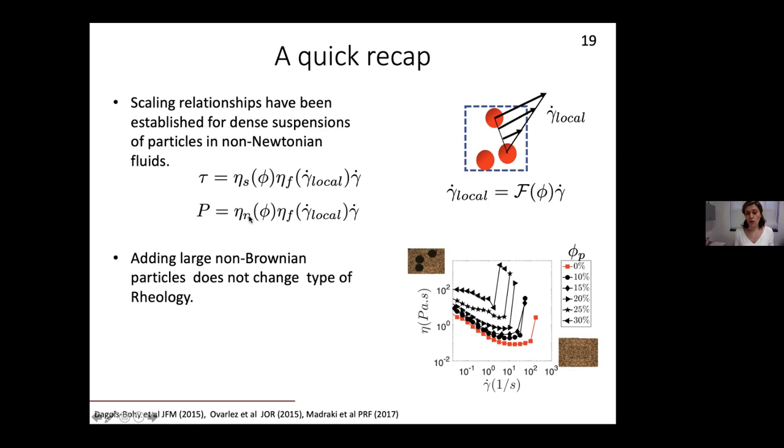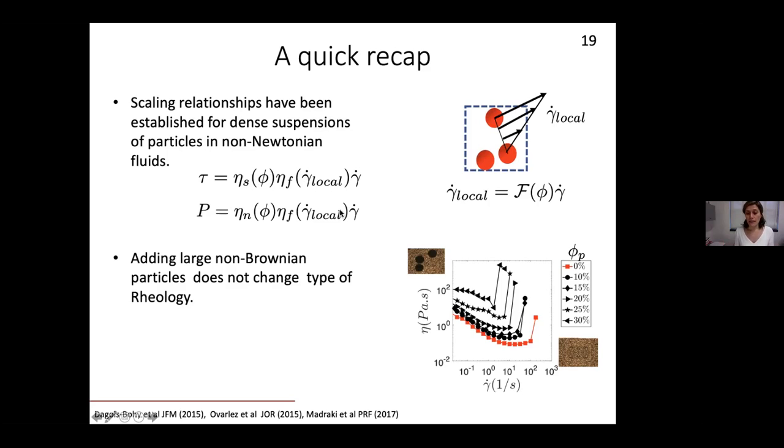It seems that geometrical constraint is the critical thing, and we can come up with the scaling laws that are viscous in the absence of inertia. All we have to take into account is that the viscosity of the fluid is now the viscosity that is seen by the particles, so the local viscosity.